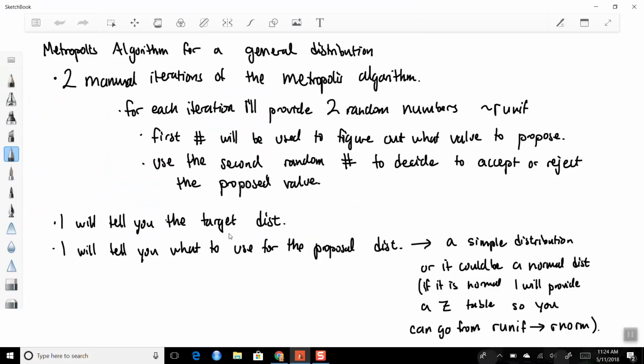One is the random proposing of a value, so you're going to use RUnif to propose a new random value. And the other is to accept or reject it. So if I'm giving you 2 iterations, I will provide you 4 random numbers. You'll use the first one to propose, the second to accept or reject, and then you'll do it again: the third to propose and the fourth to accept or reject.